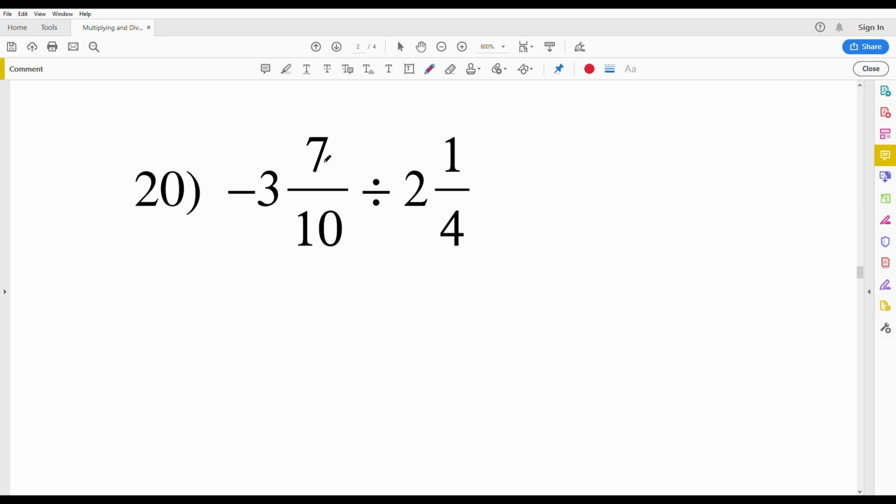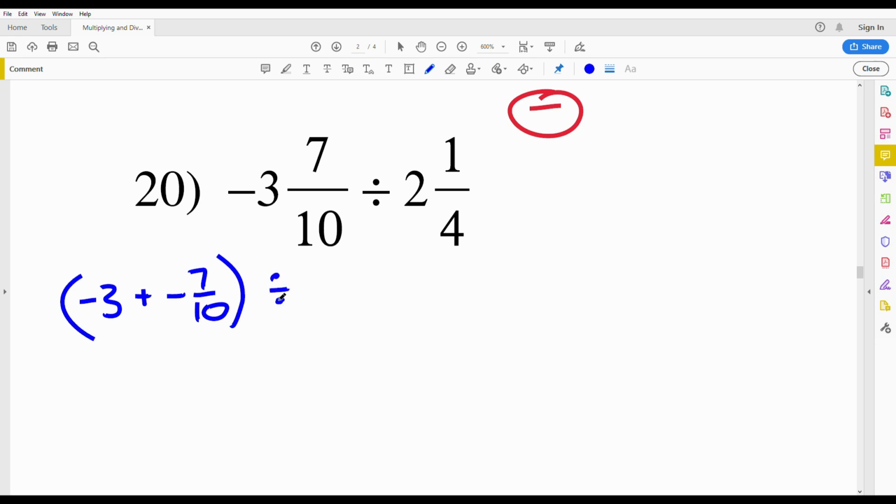So we have negative 3 7/10 divided by a positive 2 1/4. So we know our answer in the end is going to be negative. But let's do out the math. Negative 3 7/10 is like negative 3 plus a negative 7/10. And we're going to be dividing that by a positive 2 plus 1/4.